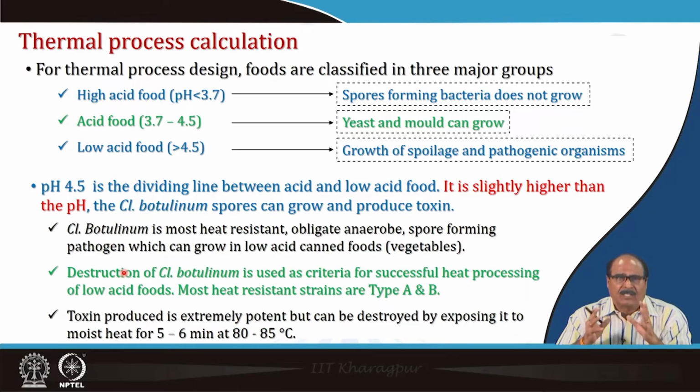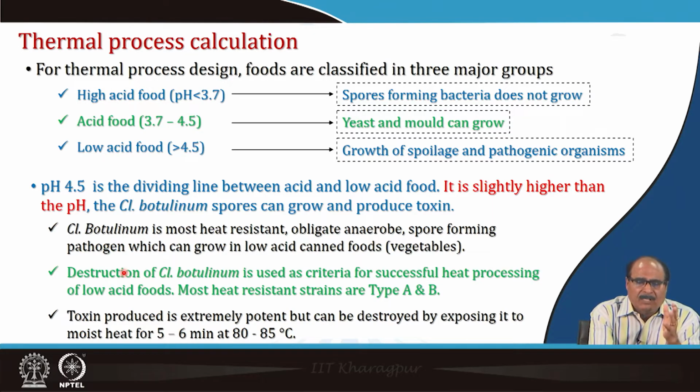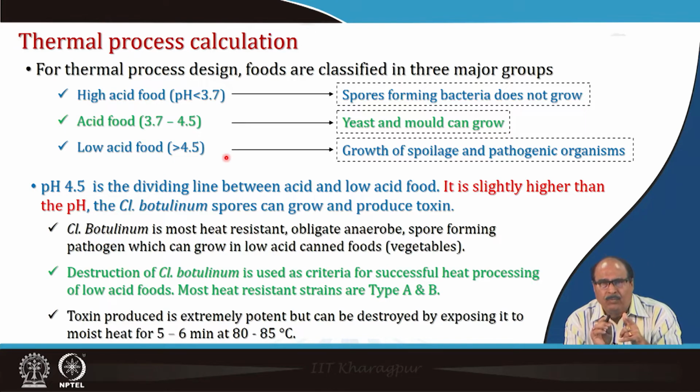Now, let us come to the important aspects of thermal processing, that is thermal process calculations. For thermal process design, foods are normally classified into groups on the basis of their acidity, that is pH, like high acid food and low acid food. Since the pH of a food is an important factor affecting the growth and multiplication of microorganisms, the pH tells which type of microorganism will grow.